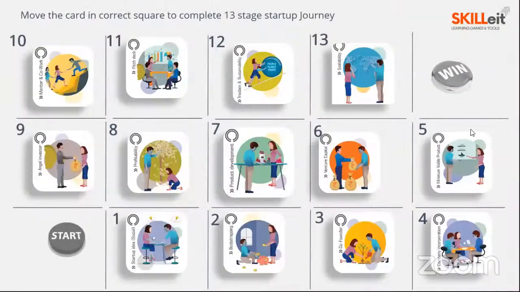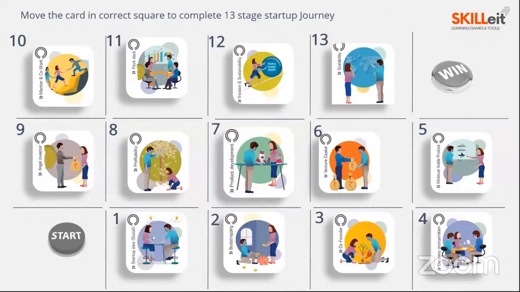The first stage is startup idea. As everyone wrote in the chat box, first we have to be ready with the idea. Then bootstrapping, which is a fund from ourselves, what we have collected for our part. Then we have co-founder, someone who invests in our business or startup.